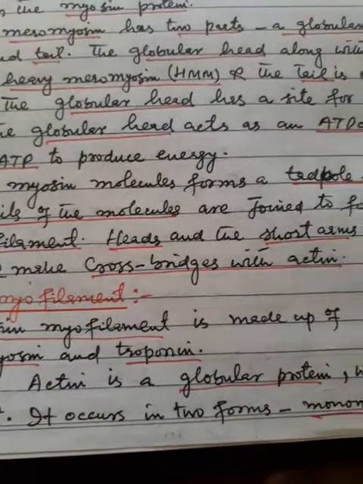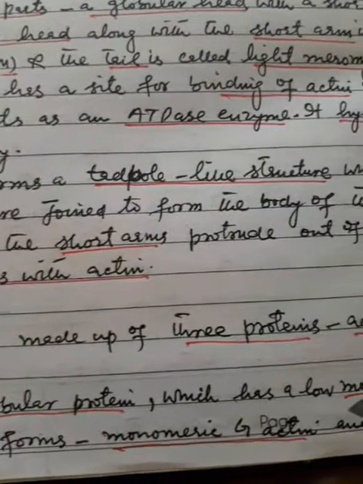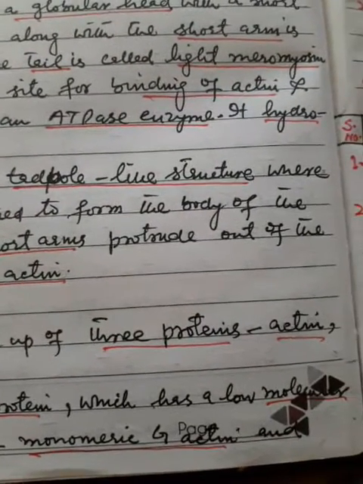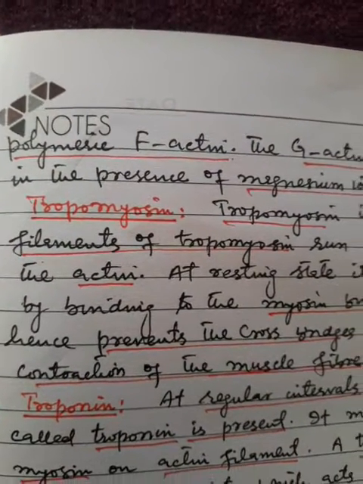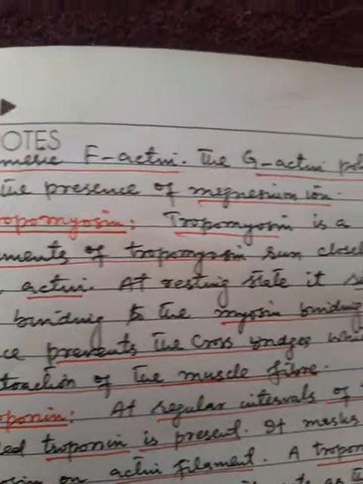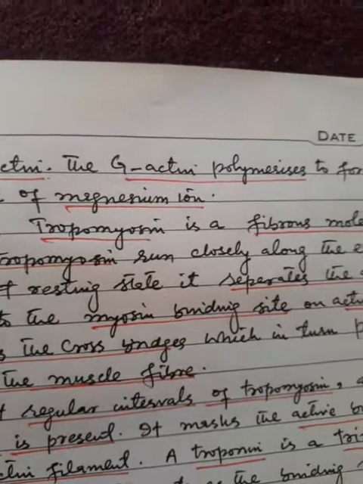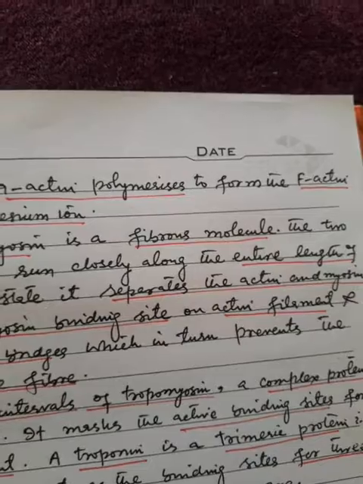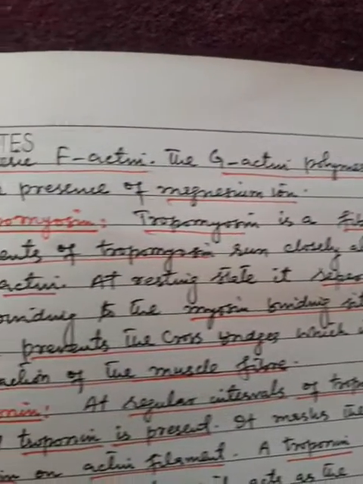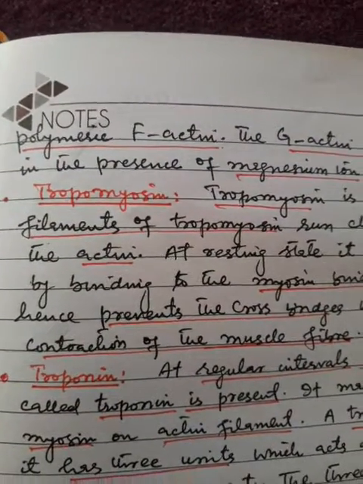It occurs in two forms: monomeric G actin and polymeric F actin. The G actin polymerizes to form the F actin in the presence of magnesium ion.